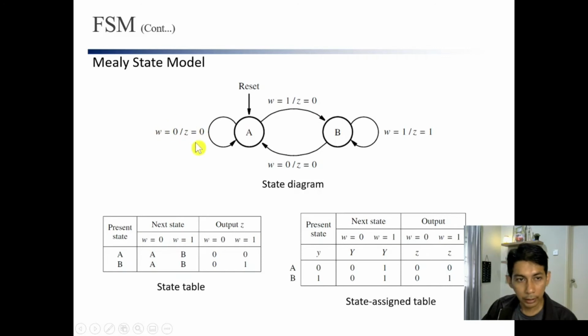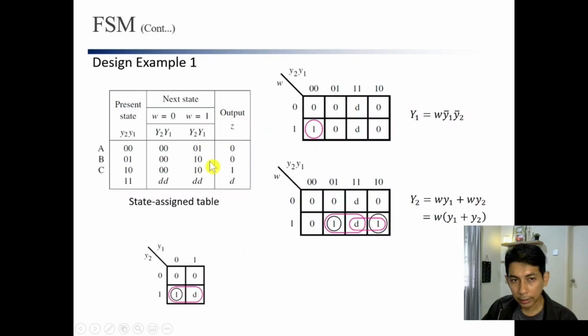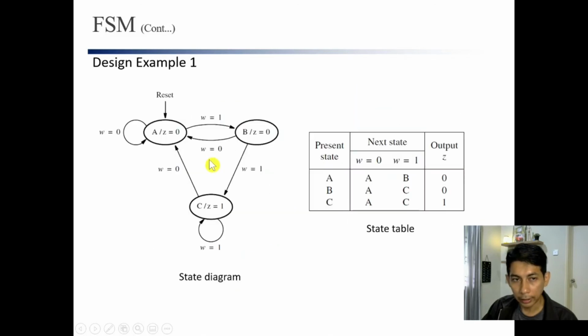The different style of drawing this finite state machine, as compared to the Moore, is that the output Z here is not in the state. When we look at the Moore type, the output is in the state, because the output only depends on the present state.